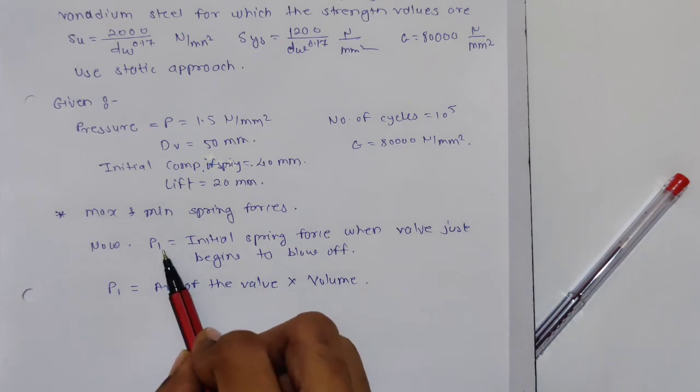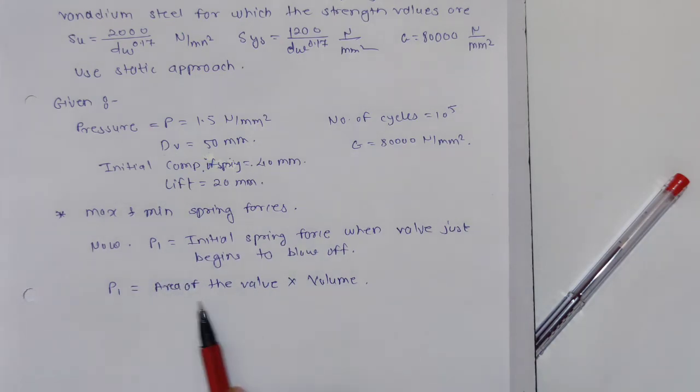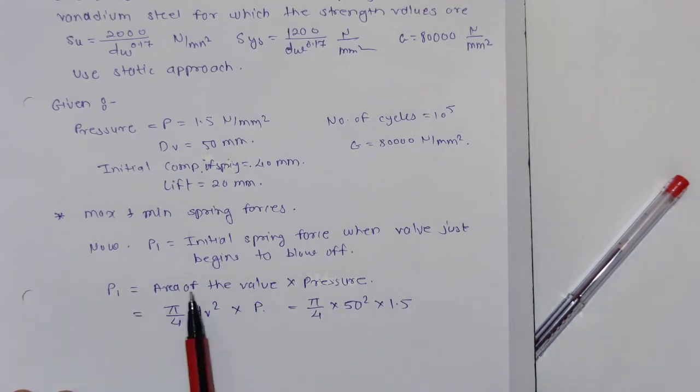Okay, so it is P1. So P1 is equal to area of the wall into pressure. So area is given as pi/4 dV square, diameter of wall, into pressure. So diameter is 50 and pressure is 1.5, and you will get value as 42945.24 Newton.